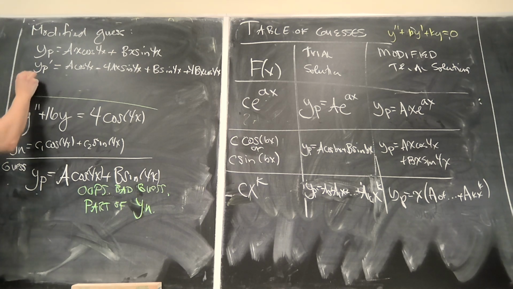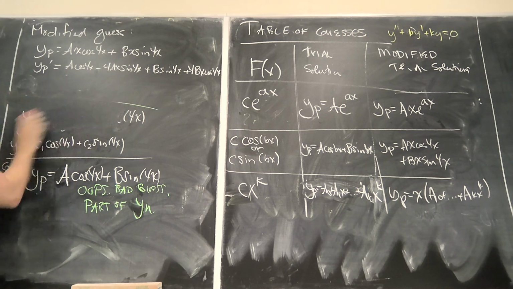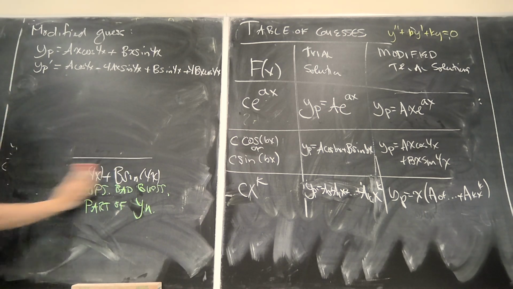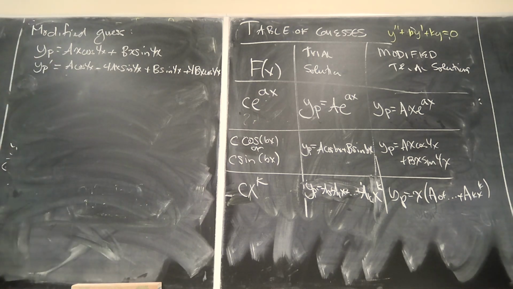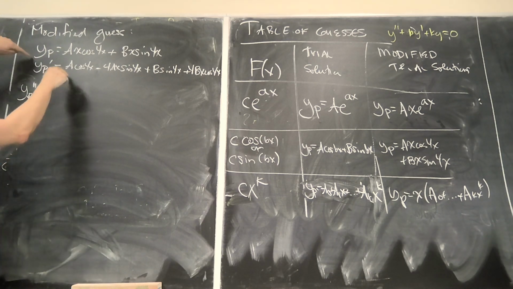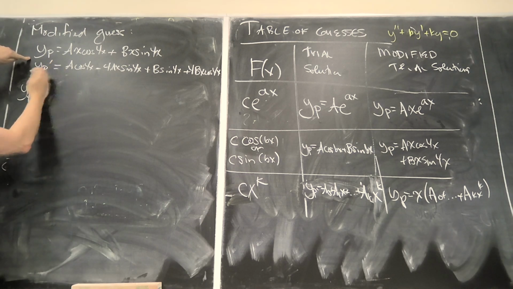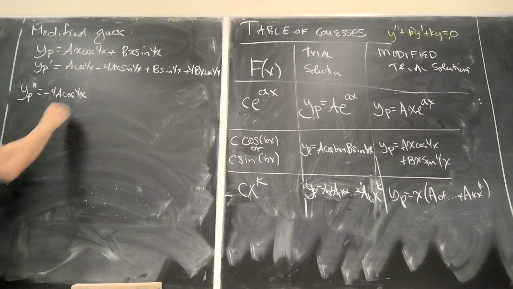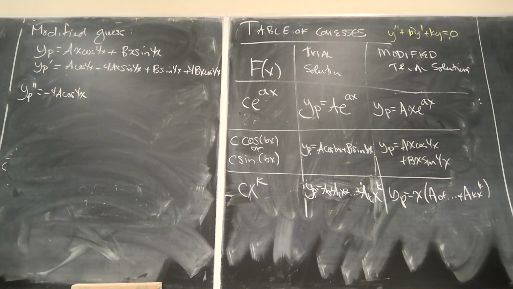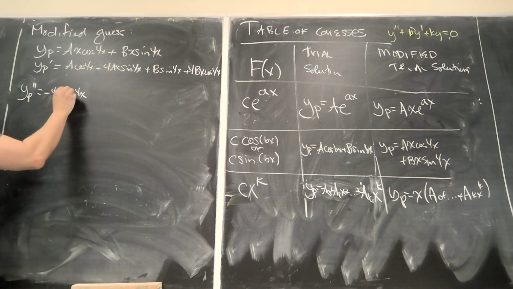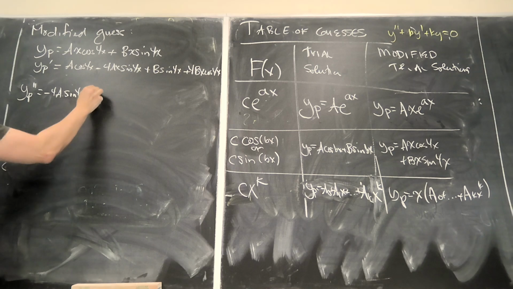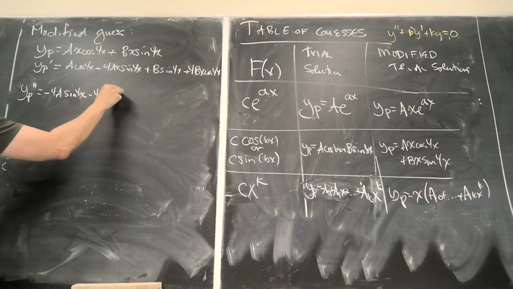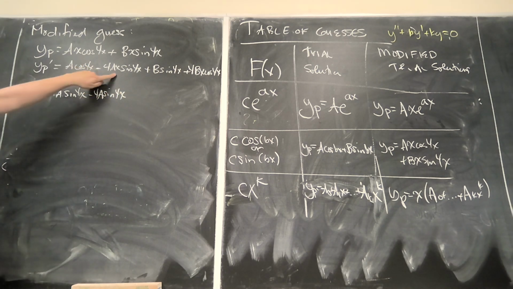And the second derivative, oh man, okay, there's going to be a lot of terms on this one, so I've got to make some space here. All right. Second derivative. 4a, no, is it 4a cosine of 4x? Sine of 4x, thank you. Minus 4a sine of 4x. That's for taking the first product rule here.